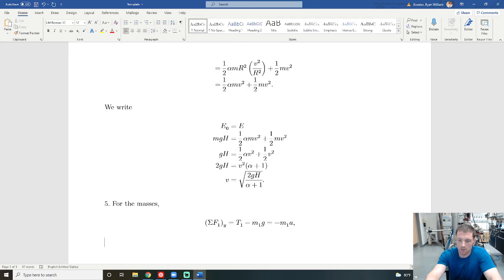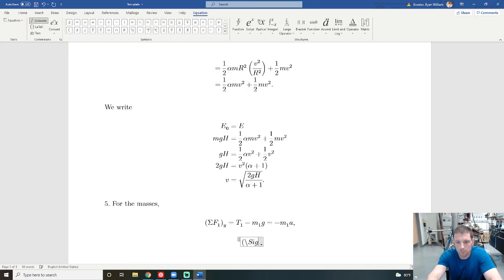We'll do the same thing for the second mass. This equals T sub 2 minus m2g. This equals m2a. And these accelerations are the same, right? Because these masses are connected by a cord, and so they are constrained to move with the same acceleration.